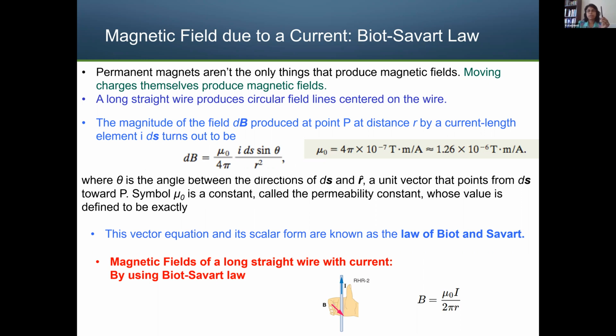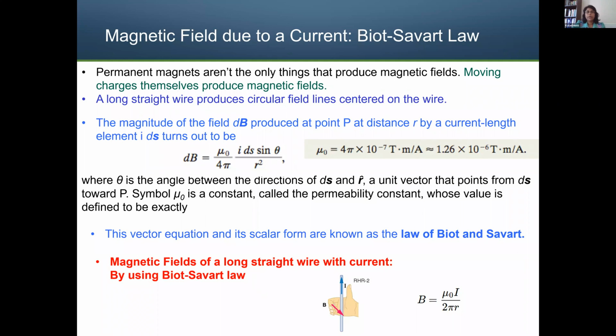But how does it create it? It creates it in a very specific way, because magnetic field lines should be a circular path. That means magnetic field lines are created around this wire, everywhere around the wire.